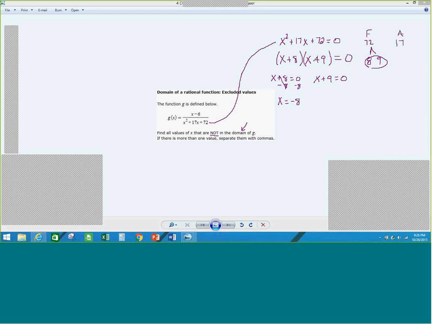So I went right here and said, oh, negative 8 and negative 9 are the answers. But if you don't see it that way, then this is the way that I would do it. The solutions are separated by commas, so we would simply list them as negative 8, comma, negative 9.